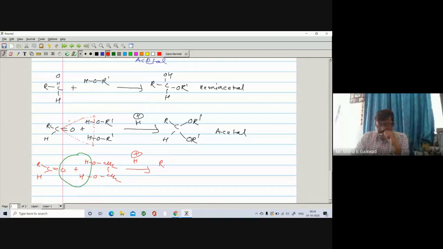Here is R, here is C, here is H, and here is O, O, CH2, CH2. Cyclic acetal. There is a formation of cyclic acetal. So in this way the formation takes place.